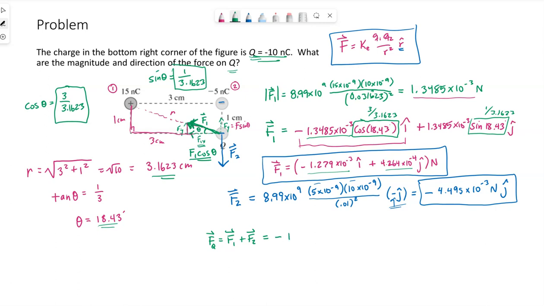In this particular problem, only F1 has an x component. Y components, when we add these together, so I'm adding this one and this one together, we're going to get a negative answer because F2 is bigger.